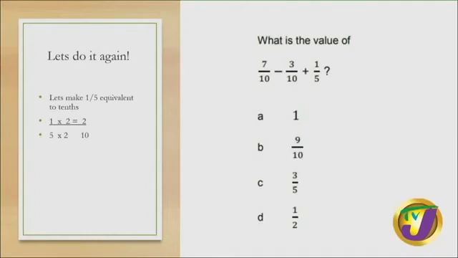Pretty much 5 can go into 10. So if we multiply 5 by 2, we get 10. We can't make any changes just to the denominator. We must also change the numerator. So 2 times 1 gives us 2. So what we're saying, 1/5 is equivalent to 2/10.